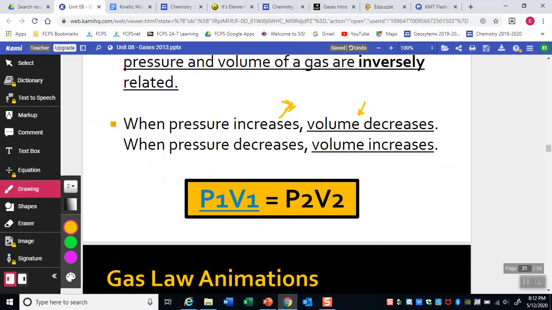And how that looks would be, that means if you multiply them together, you get a constant. All right, you always get the same number. And this number is going to be equal to this number. And so it makes sense. If I increase the pressure here, then I have to decrease the volume here so that I get the same number over here.